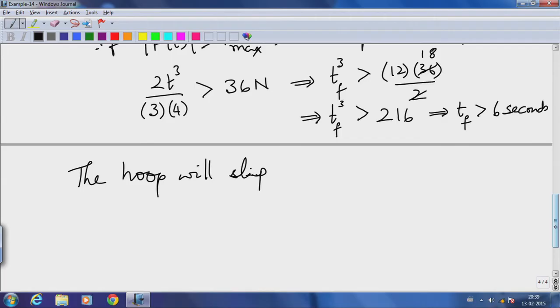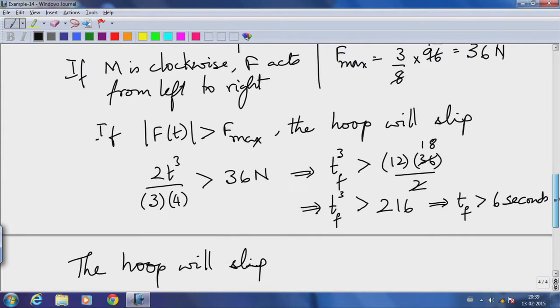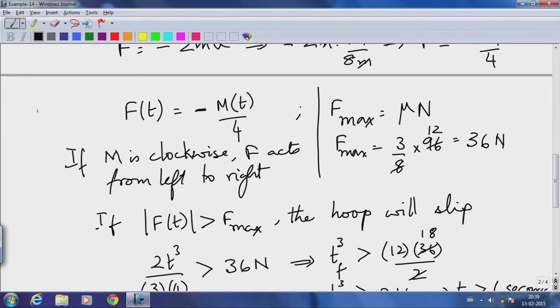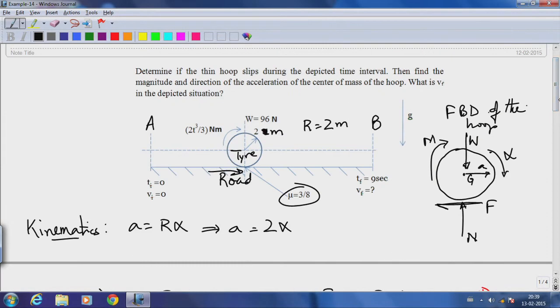Okay, so let us go back to this problem. So, we found that at this instant, 6 seconds, the magnitude of the friction force required for no slip will exceed the maximum possible friction force, which is mu times N. So, let us see what that looks like. We are told that the total span of time over which the motion is being analyzed is 9 seconds.